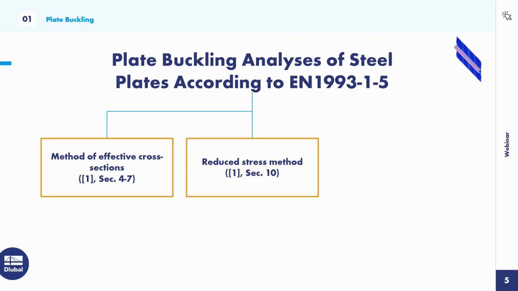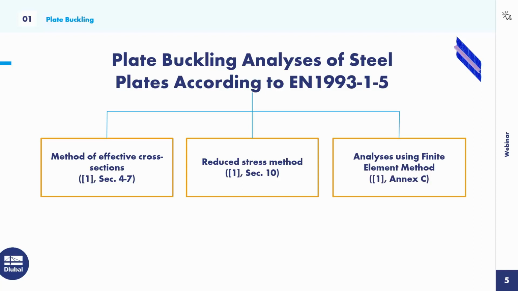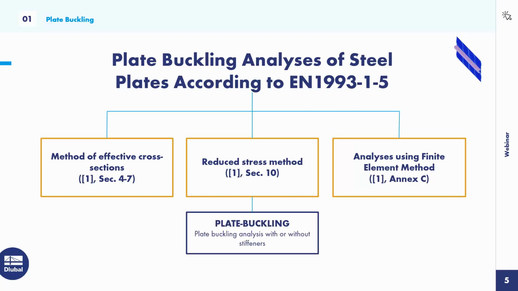The second method is the reduced stress method according to section 10, and the analysis using the finite element method according to Annex C. Today we look at an example using the reduced stress method, which is implemented in plate buckling.